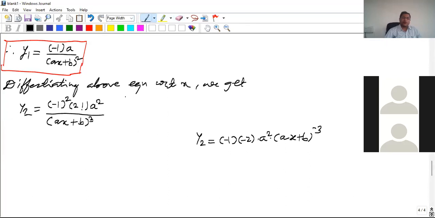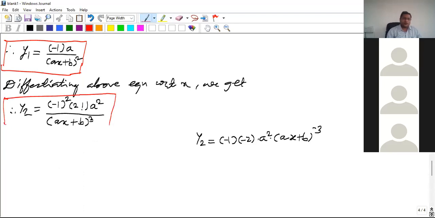Now this is our second order derivative, and we want the next. Now again differentiate this.